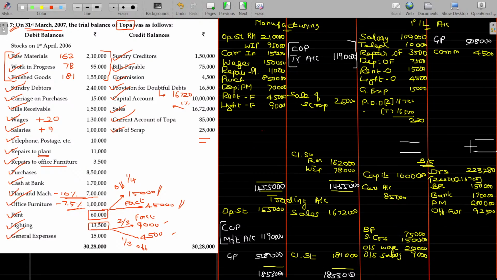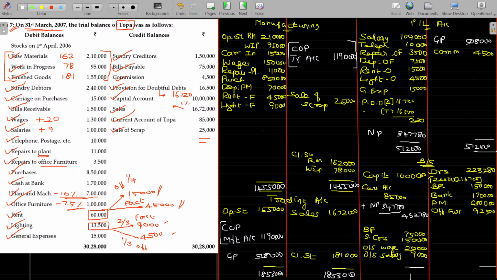If you tally this, 5 lakhs 12,500 and 5 lakhs 12,500, you will be getting the net profit here. Hope the net profit being 3 lakhs 47,780. That will be added to current account, 3 lakhs 47,780. Then current account becomes 4 lakhs 32,780.